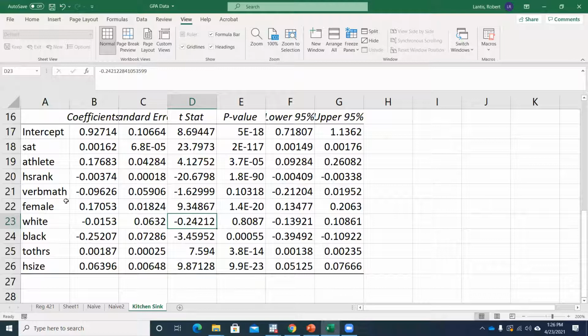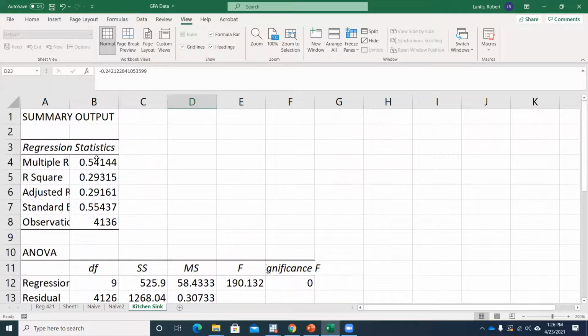Well, if I'm including more variables on the right-hand side, if I have more information on the individual, I'm probably able to make a better prediction about what their GPA is. So, sure enough, when I include all of those variables, my R squared is up to almost 30%. I'm explaining 30% of the variation that exists in that GPA variable, okay?